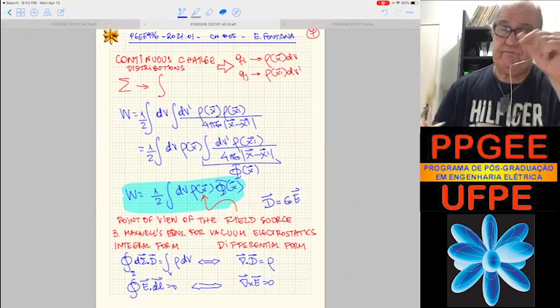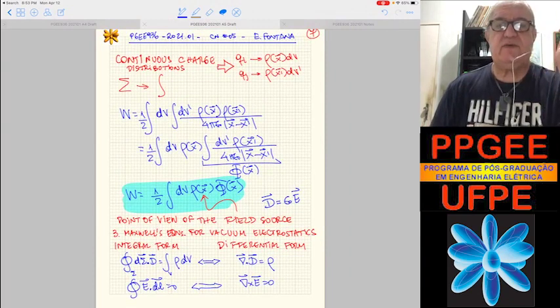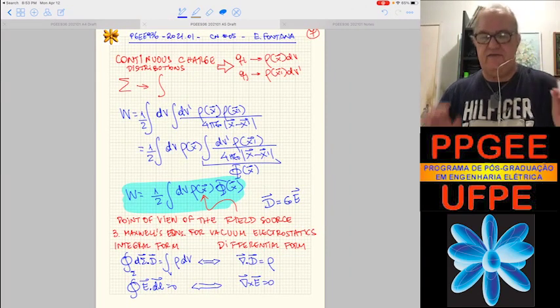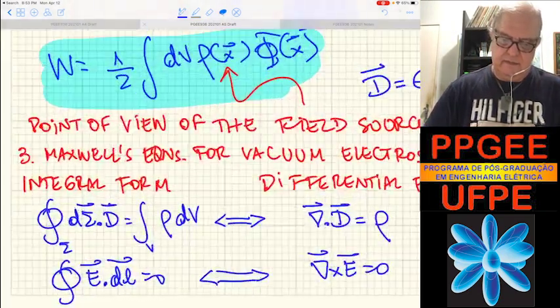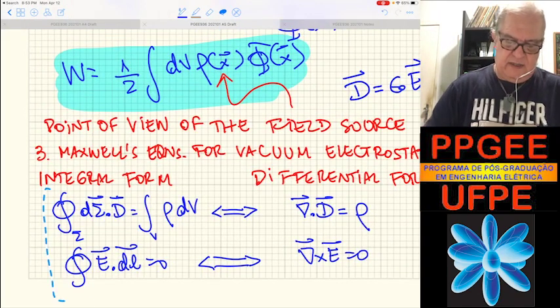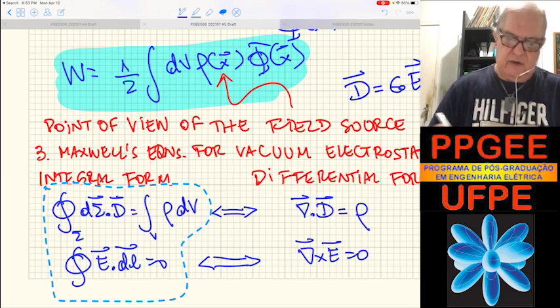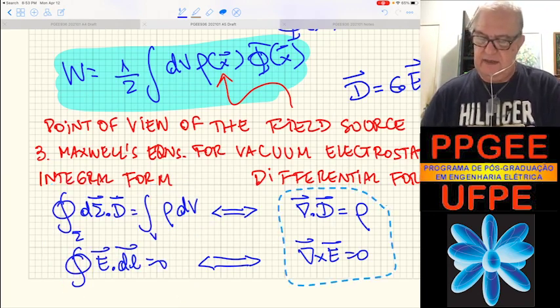So that's what we have for our Maxwell's equations in vacuum. We have two integral relations, or equivalently, we have two differential equations.